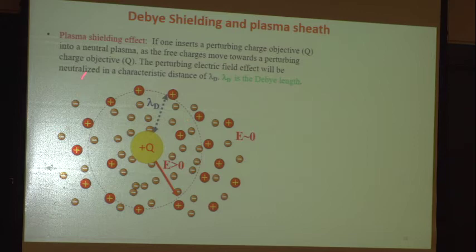Outside of this radius, everything is business as usual. This distance we call the Debye length, lambda D. Within this radius the charge is perturbed, and outside, the effect is shielded. Even if you put the charge there, nothing is affected outside the radius.